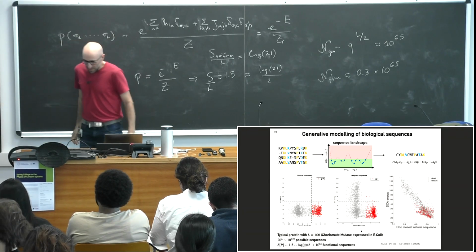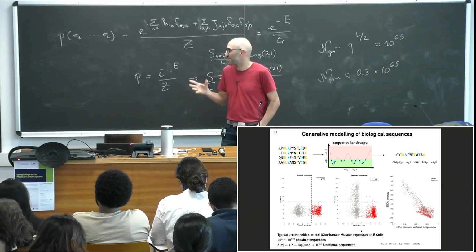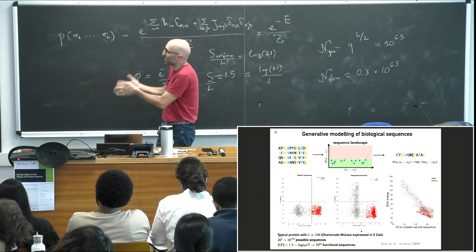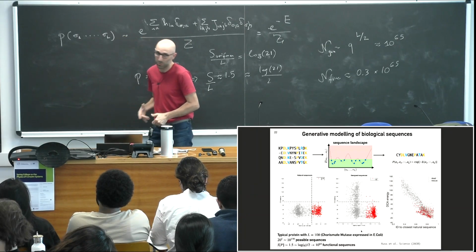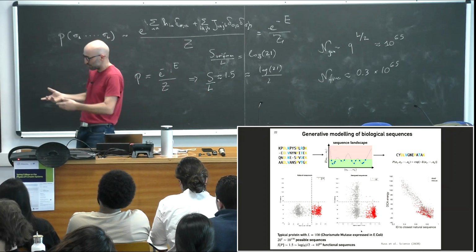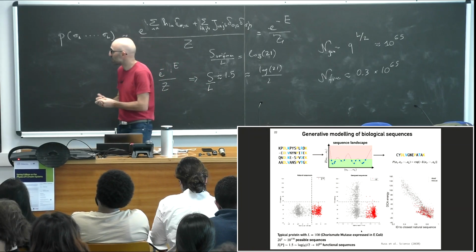This is interesting because it tells you that nature is not solving a very difficult problem. There are a lot of solutions to the problem of making a functional chorismate mutase. So if you have an evolutionary process that samples the space, it's going to converge pretty fast to some solution.